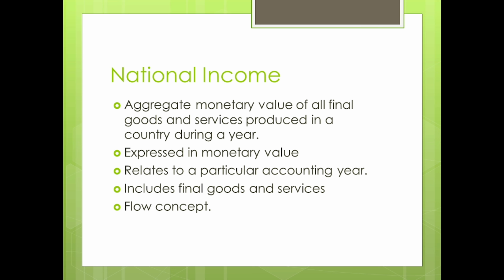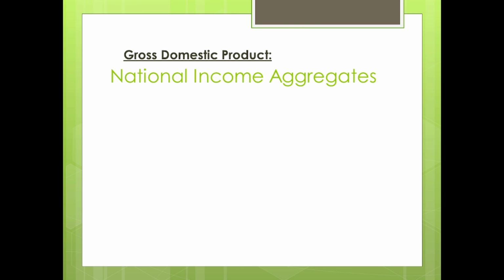Now national income as such can be calculated with some aggregates. The first aggregate that is used to calculate national income, we call it as GDP, which is the gross domestic product. Now, what is gross domestic product? Gross domestic product is the market value of all final goods and services that are produced within the domestic territory of a country during a year.